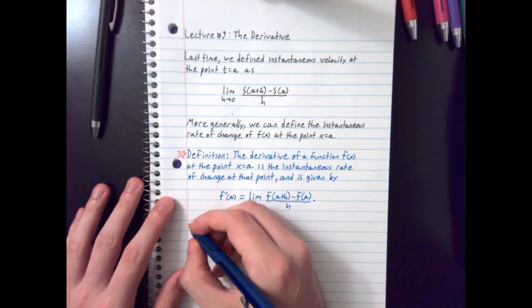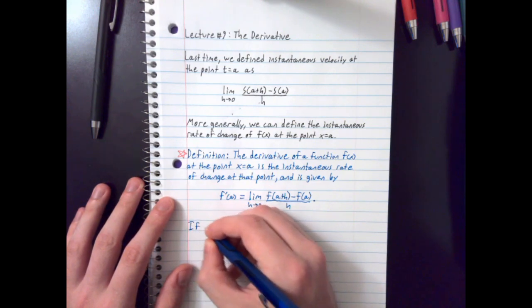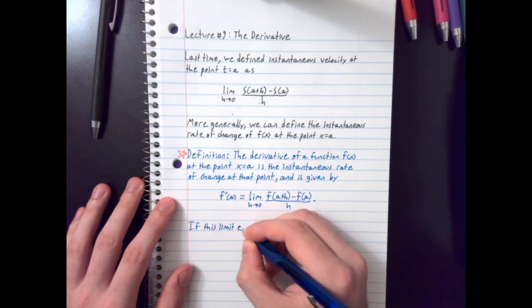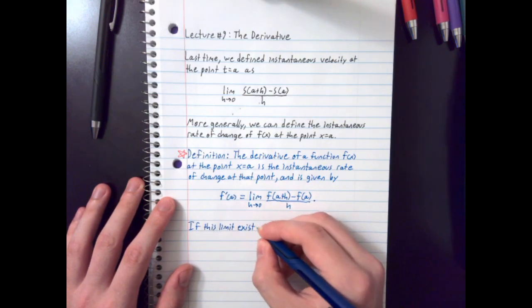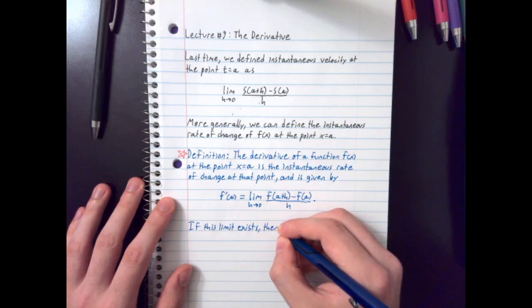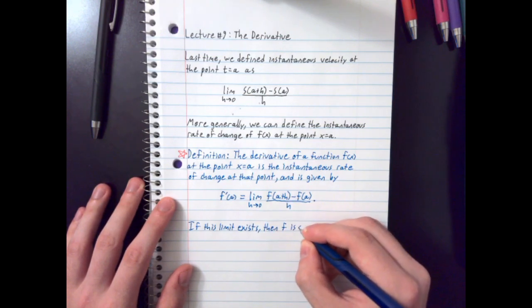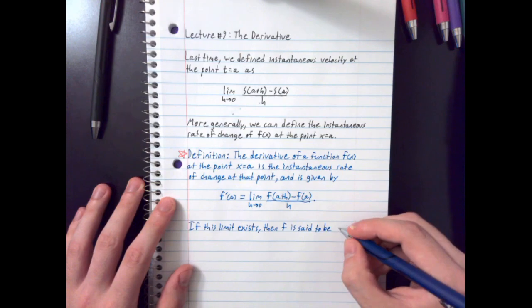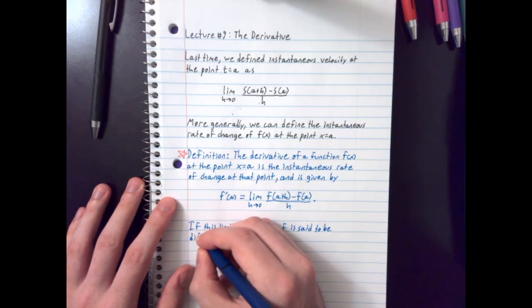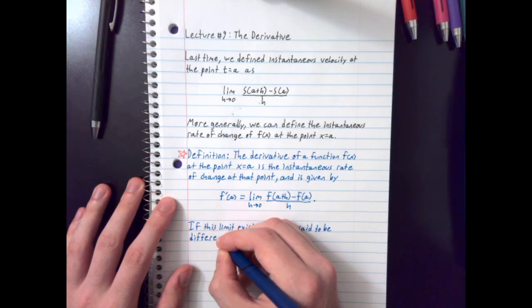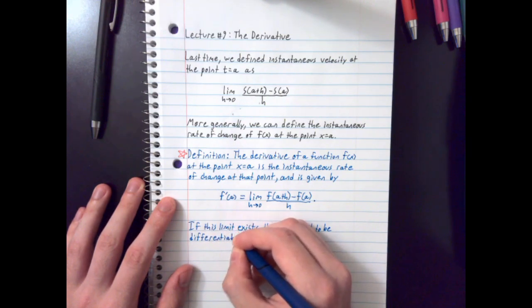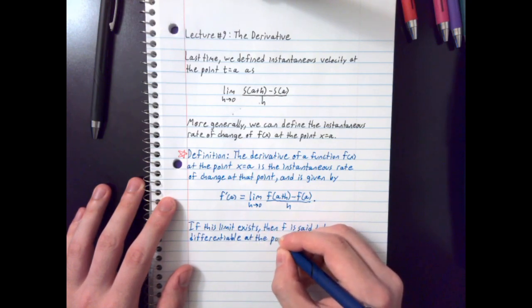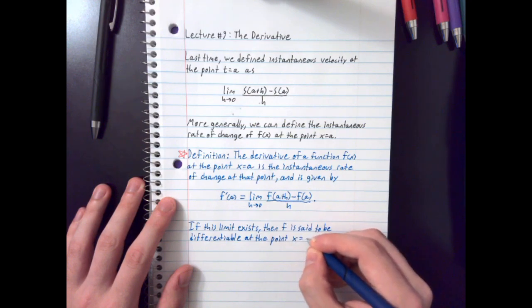And so, if this limit exists, because it need not always exist, but if it does, then f is said to be differentiable at the point x equals a.